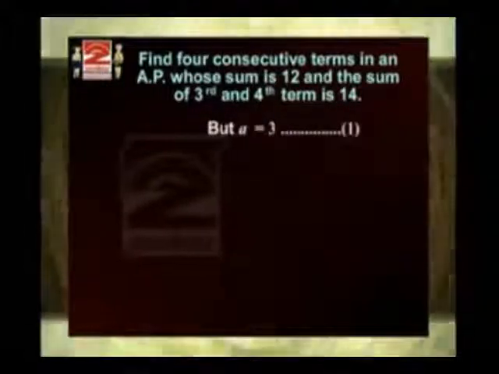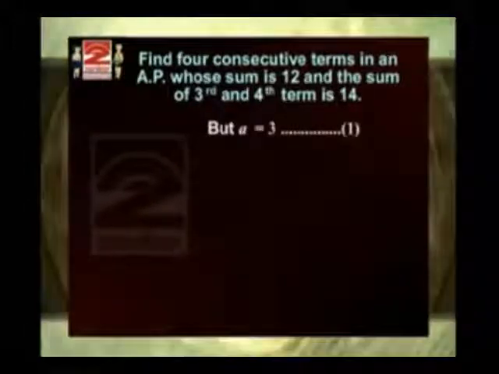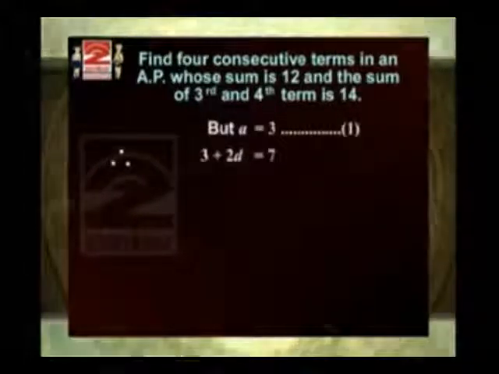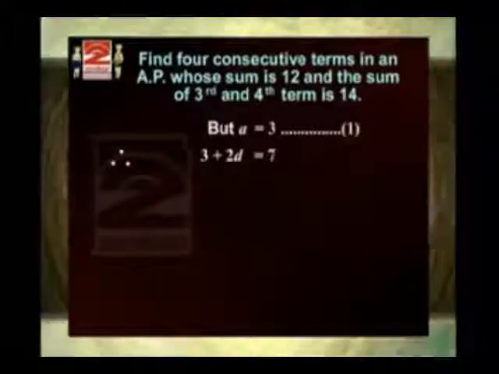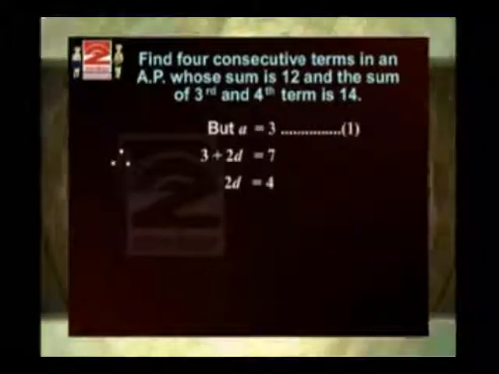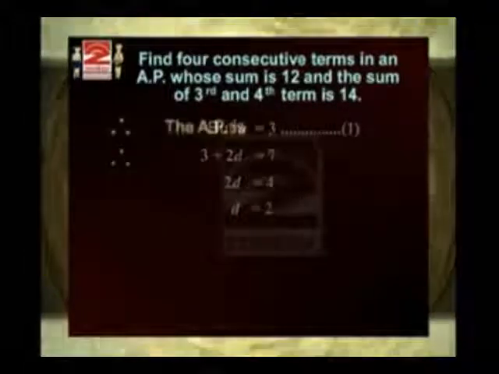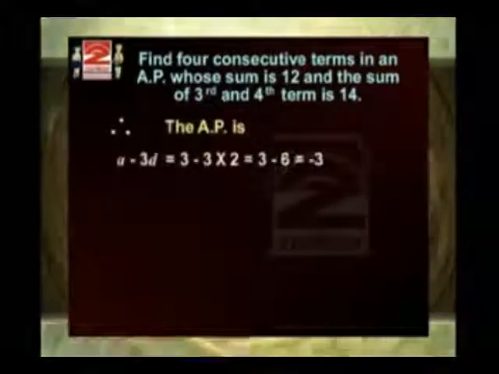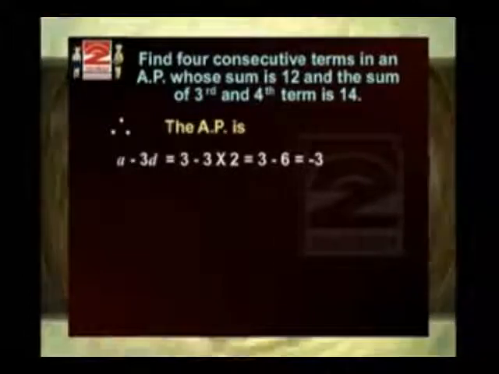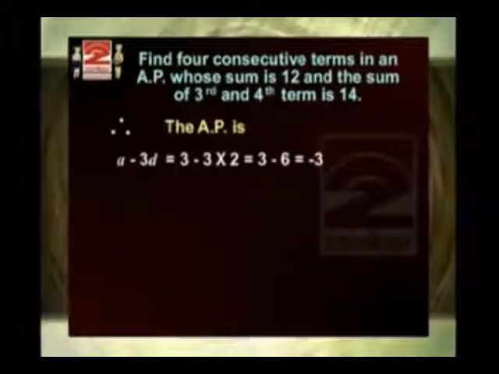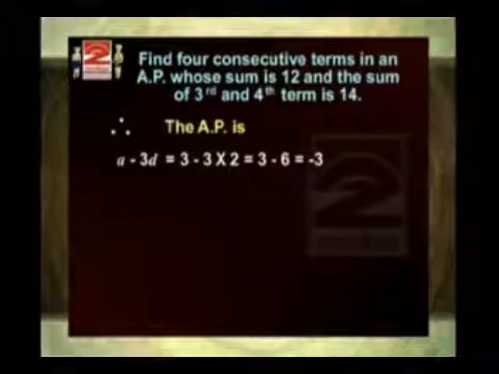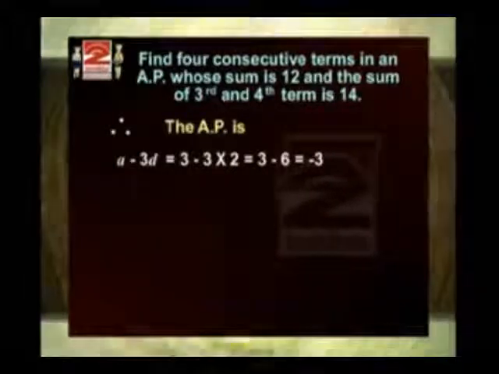But A is equal to 3 from 1. And therefore 3 plus 2D is equal to 7. So 2D is equal to 4. Therefore D is equal to 2. And therefore the AP is A minus 3D, that is equal to 3 minus 3 into 2, that is equal to 3 minus 6 is equal to minus 3.